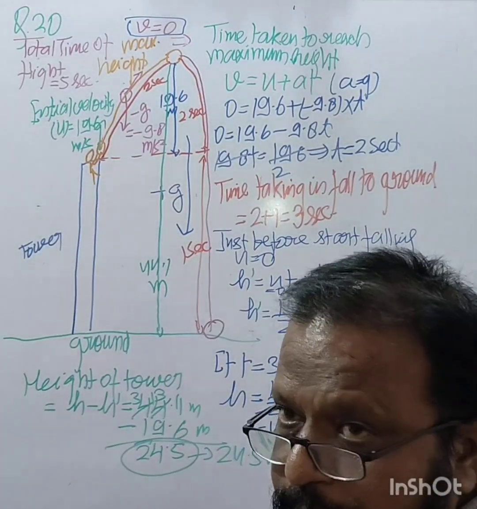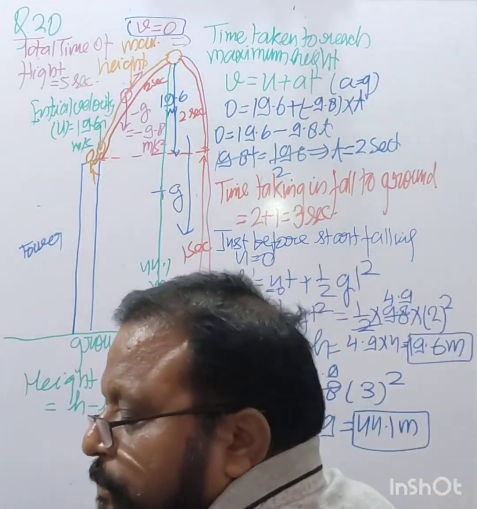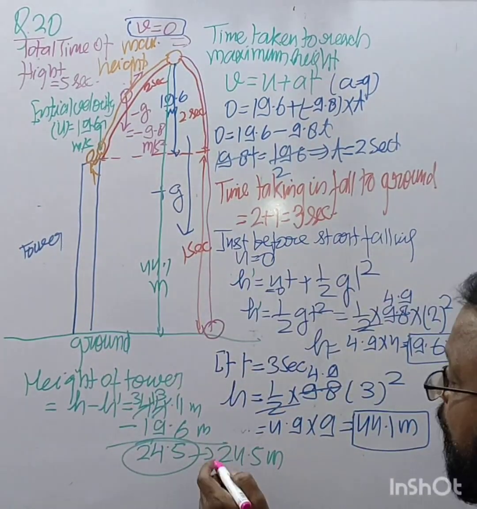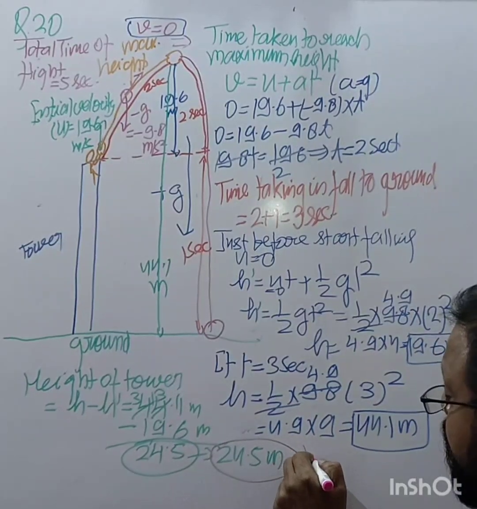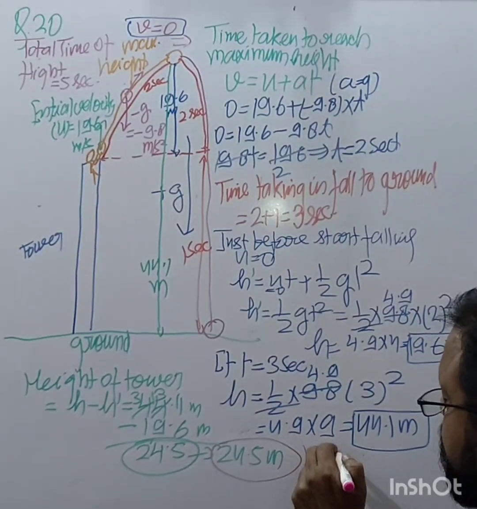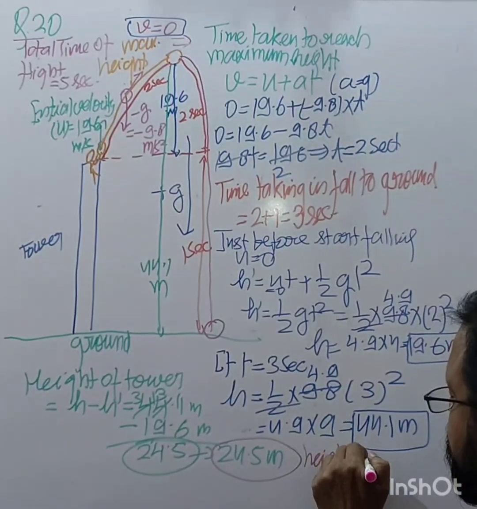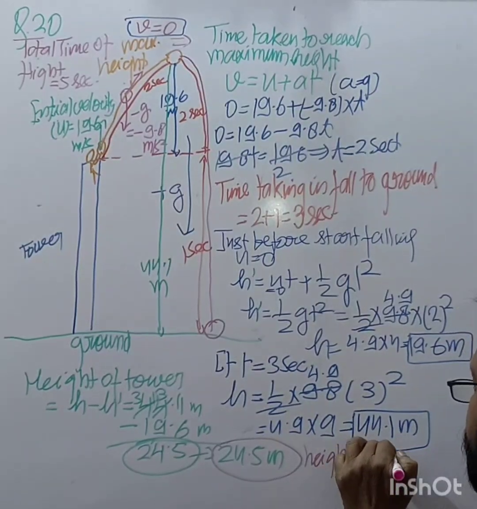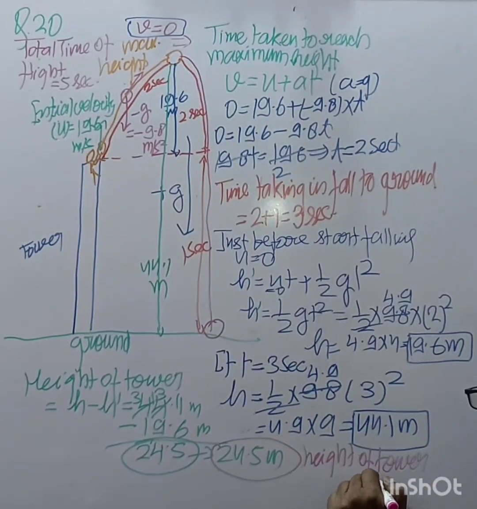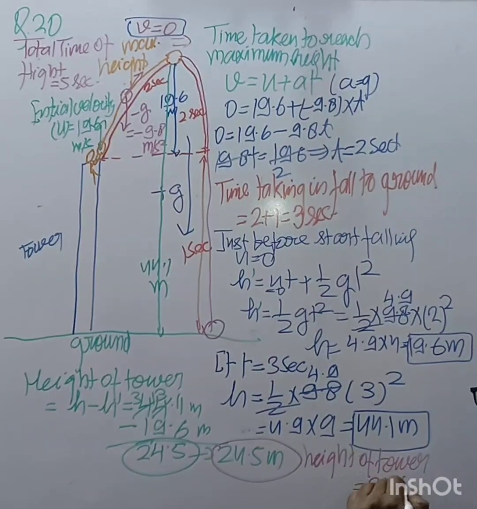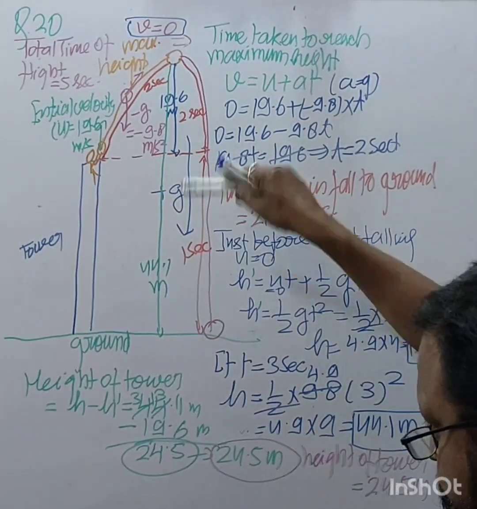What is your answer? 24.5 meters. So the height of tower is 24.5 meter. Right? This we get.